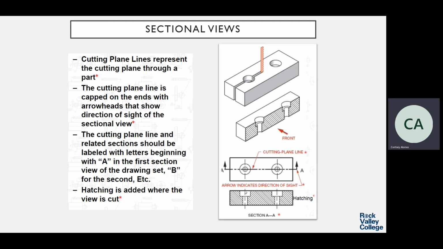Typically you're going to have center lines in your section cut, but you're never going to see hidden lines in a section cut. You're going to see solid lines. Then you name your section cut based on the line. So this is section AA. It could be section BB, CC. It just depends on how many section cuts you have in one part.